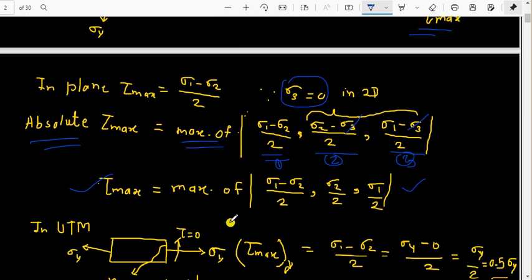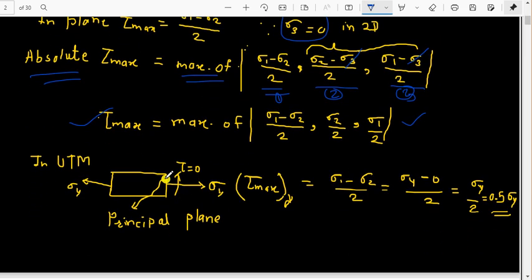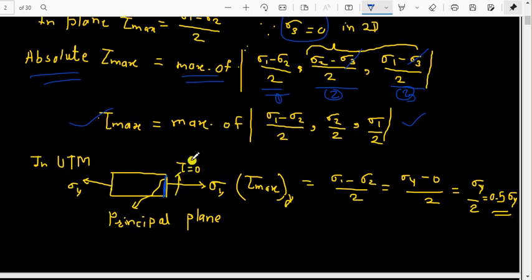Now you know that in UTM, at this plane, let us say perpendicular to x, there is no shear stress, that means shear stress is 0, so we can consider it as a principal stress, right? Now we will find the shear yield stress, that will be (sigma 1 minus sigma 2) by 2, and you know that in only one direction there is a stress, and in the other direction, perpendicular to the x axis, it is 0.